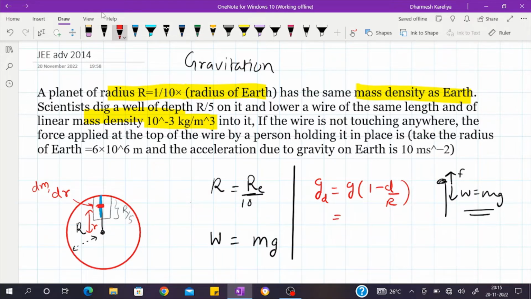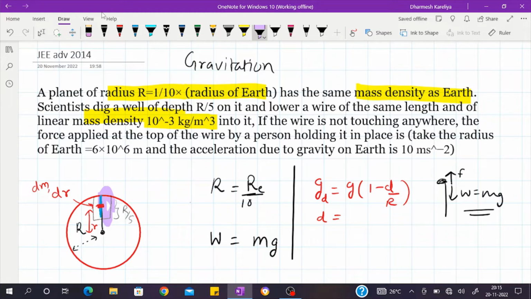From the diagram, if you see carefully, the depth d, this depth d is total capital R minus small r, yes or no?